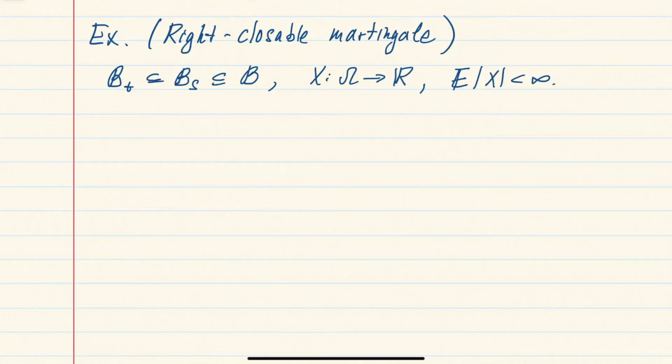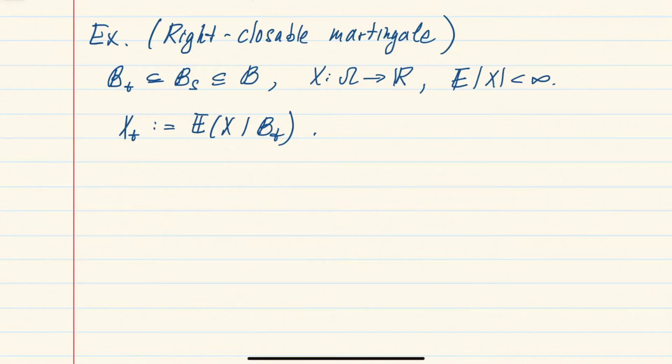And this random variable defines your right closable martingale. So by definition, you take Xt to be simply the conditional expectation of this random variable X given the sigma algebra Bt. That's the definition of this right closable martingale generated by a given random variable X.